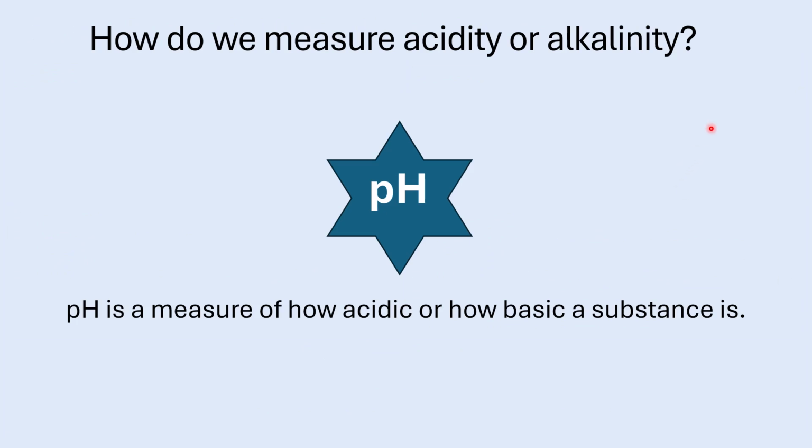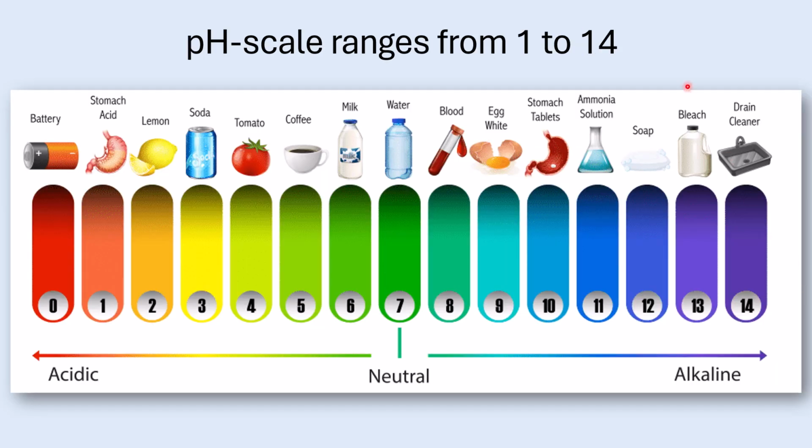Now, how do we measure acidity or alkalinity? We use the pH scale, and pH is a measure of how acidic or how basic a substance is. Now, the pH scale ranges from 1 to 14. So you can see on this very colorful slide, the most acidic substances will have a very low pH of 0, 1, 2, or 3.